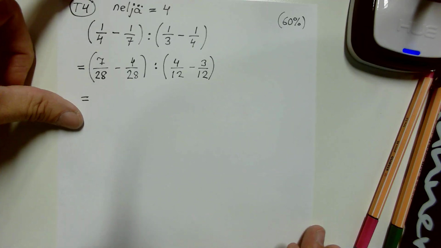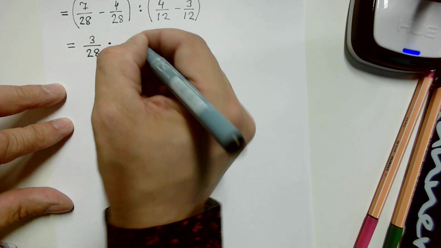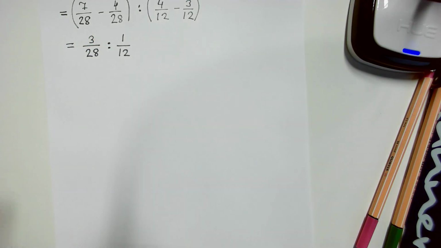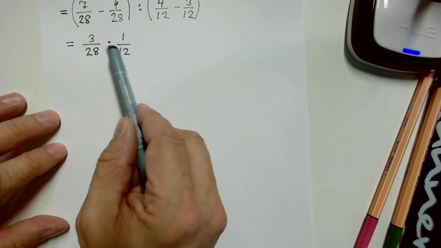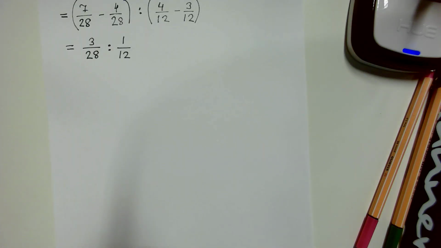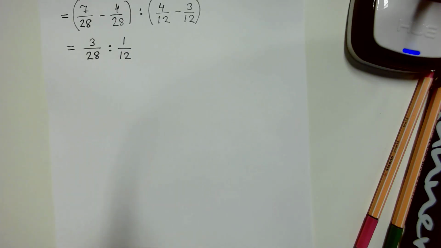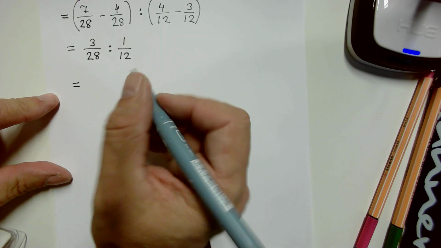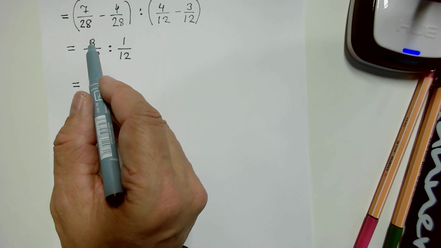So after this we get the step which was actually the first step in problem 14, or nearly the same. We have 2 fractions divided by each other, and here we can cross multiply. Let's do it by cross multiplying, and we have to start from the bottom left side.